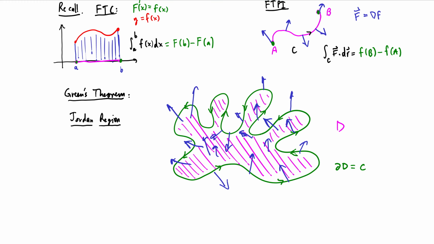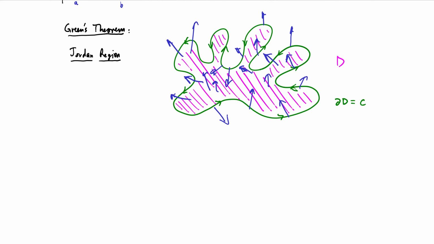And so the idea here is that if we want to compute the double integral over the region D of the function that we get by taking, in this scenario our vector field F has component functions P and Q, and we take the difference of the partial derivatives in a way that looks very similar to our test to check if a vector field is conservative, and that's not going to be a coincidence, okay?